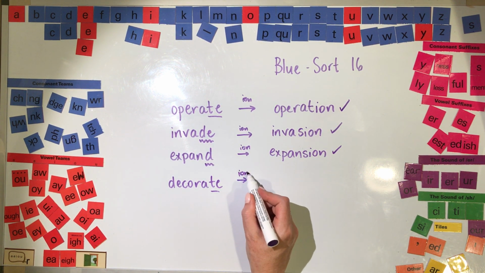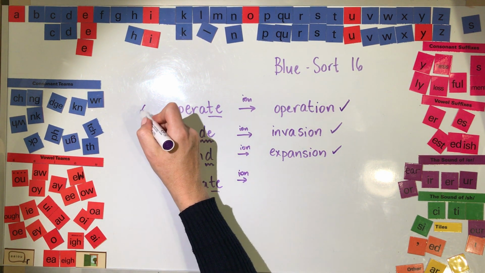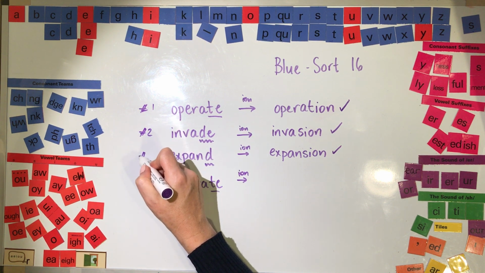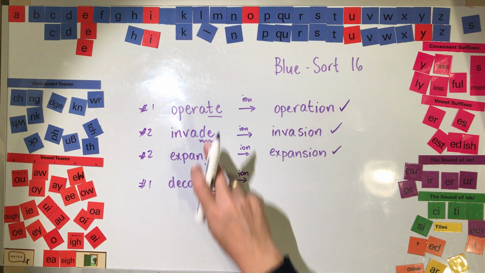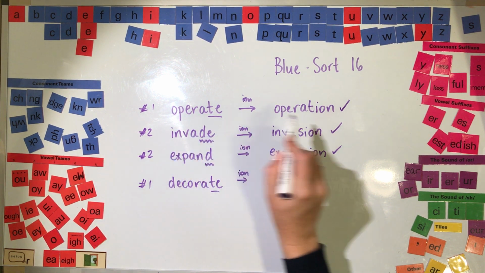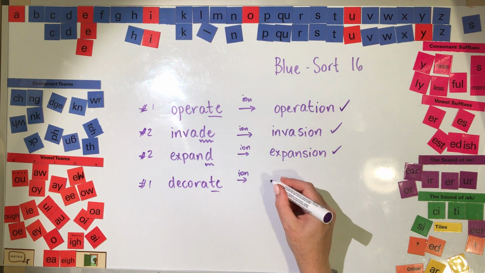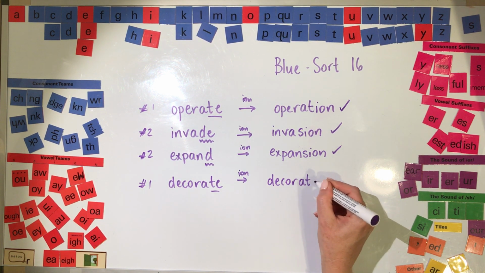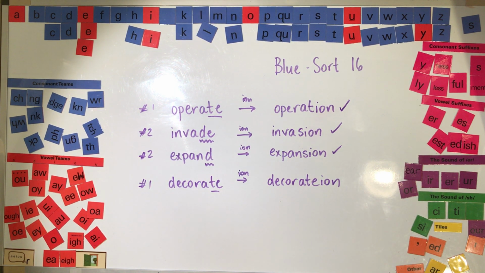Okay, and remember there were 2 different patterns. So this is pattern 1, that's pattern 2, that's pattern 2, and this goes back to pattern 1. So can you remember what we did? We said operate goes to operation. So we could have decorate and leave the E and add ION. Remember, looks really bad.